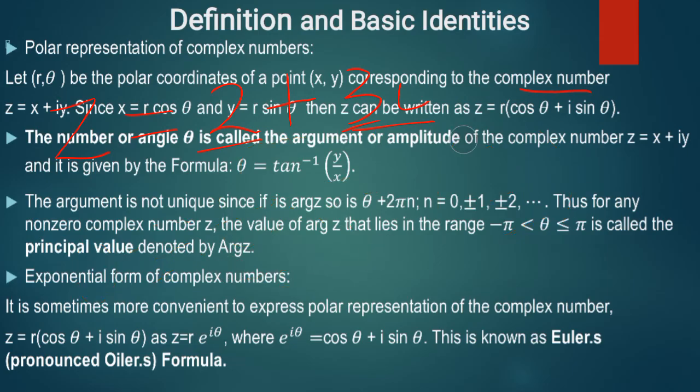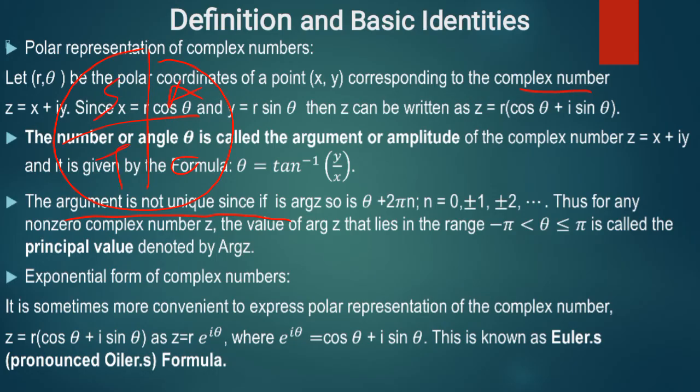Okay, let's move forward. Now, the next thing you need to know is that the argument is not unique. The argument of z is theta. And you remember in class previously we had done the CAST diagram.